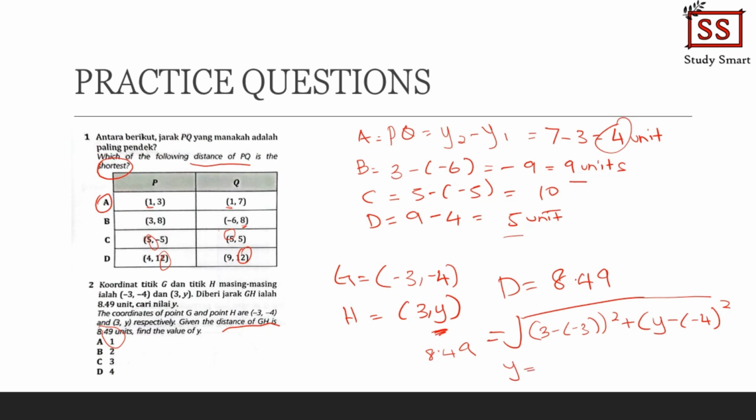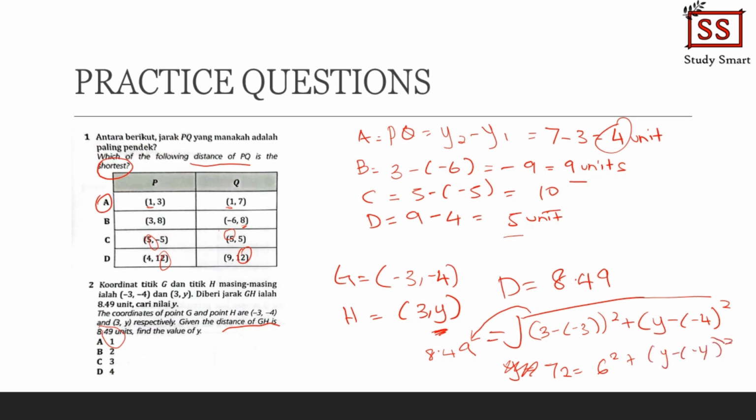Let's take some time to solve for the value of y. How are we supposed to solve this? First of all, 8.49 has the square root, right? The square root, when you bring it to the left side, becomes a square. So 8.49 squared is 72, equal to 3 minus negative 3, which is 6. 6 squared plus (y minus negative 4) squared, leave it like that.